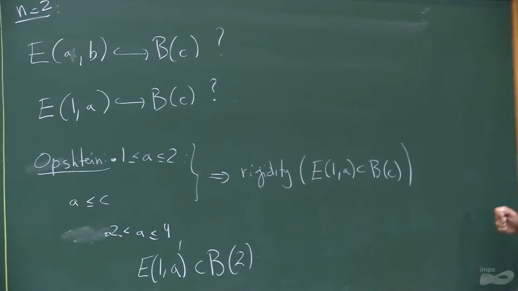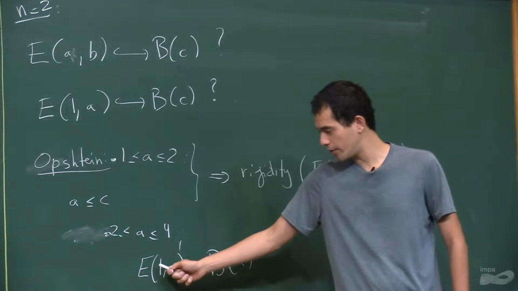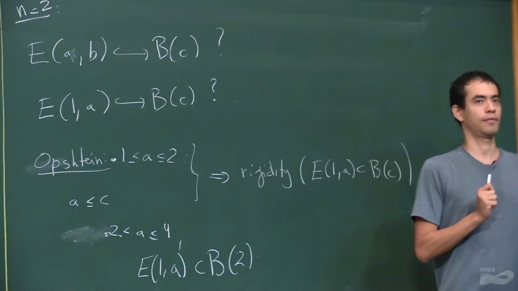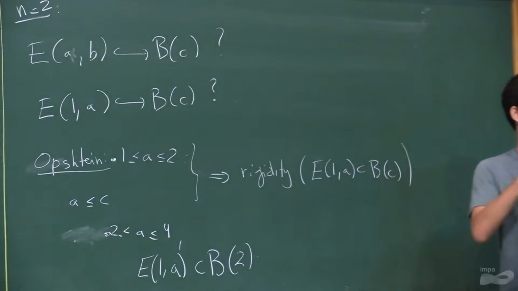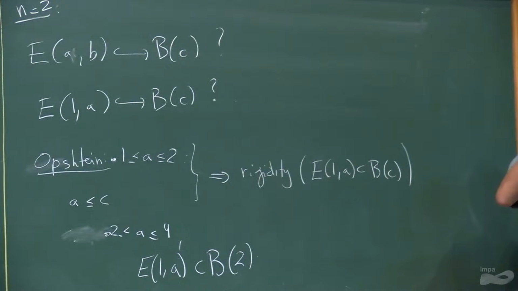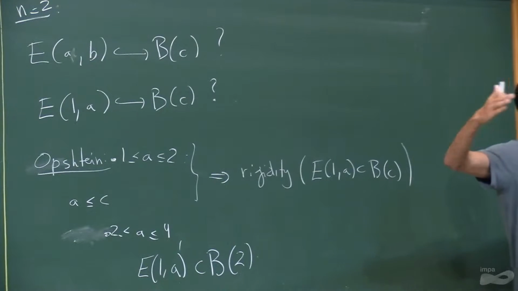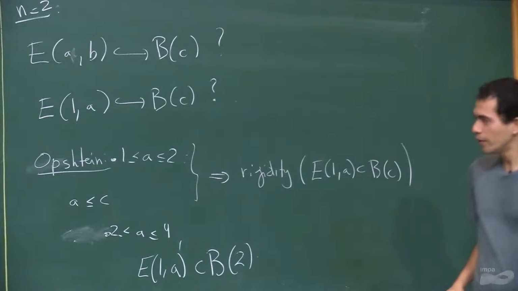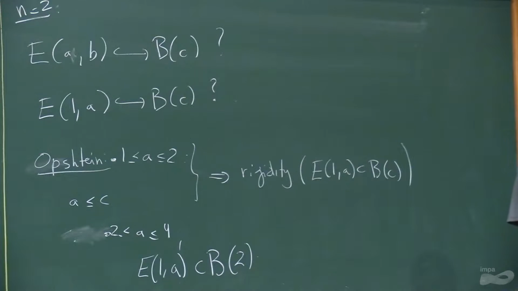Okay, so if you go all the way to 4, when you get to E(1,4), E(1,4) has the same volume as B(2). So he basically said, you go all the way from a equals 1 to 2, and then you have strong rigidity, and then between 2 and 4, you actually fill up the whole volume of that ball. So you can do better and better until you fill up the whole volume. Okay? So now the question is, what happens after 4?